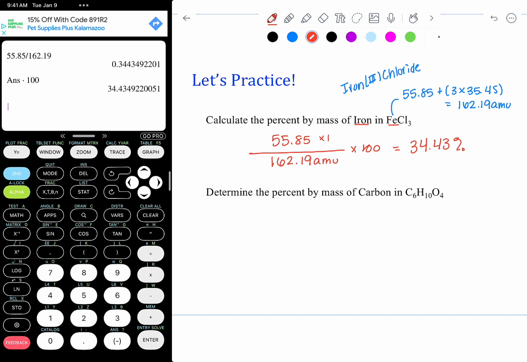Next up, let's calculate the percent by mass of carbon in C6H10O4. So what I want you to do is pause this video, calculate the atomic mass of C6H10O4, and then try to find the percent by mass of carbon in that compound.